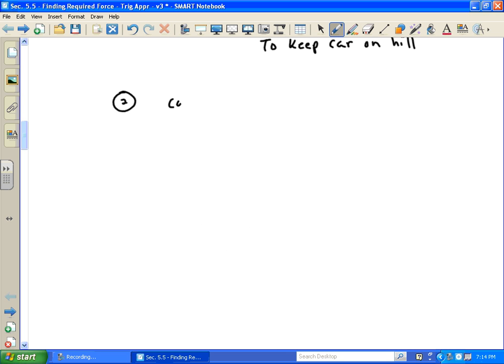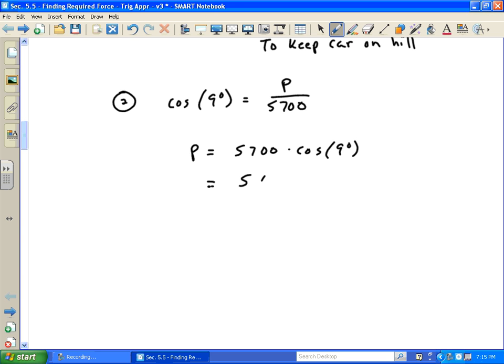So cosine of 9 degrees is equal to P over the hypotenuse, which is the 5700. And so P would equal 5700 times cosine of 9 degrees. That ends up equaling 5,629.82351. This is also a force, so this will be in pounds.